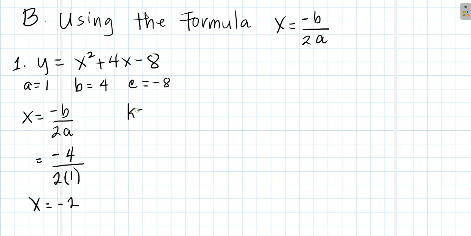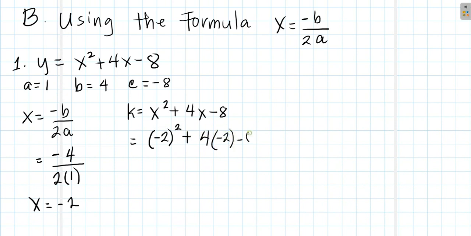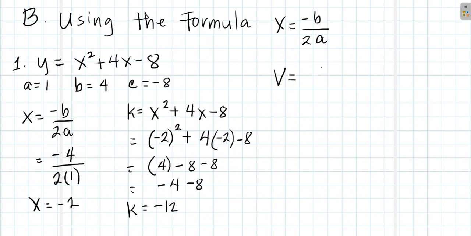And k is just, because k is equal to y, just copy the equation. And then just substitute the value of x, which is negative 2 squared plus 4 times negative 2 minus 8. Negative 2 times negative 2 is equal to 4. 4 times negative 2 is negative 8 minus 8. So we have 4 minus 8 is equal to negative 4 minus 8. Therefore, k is equal to negative 12. So therefore, the vertex is equal to negative 2 and negative 12.